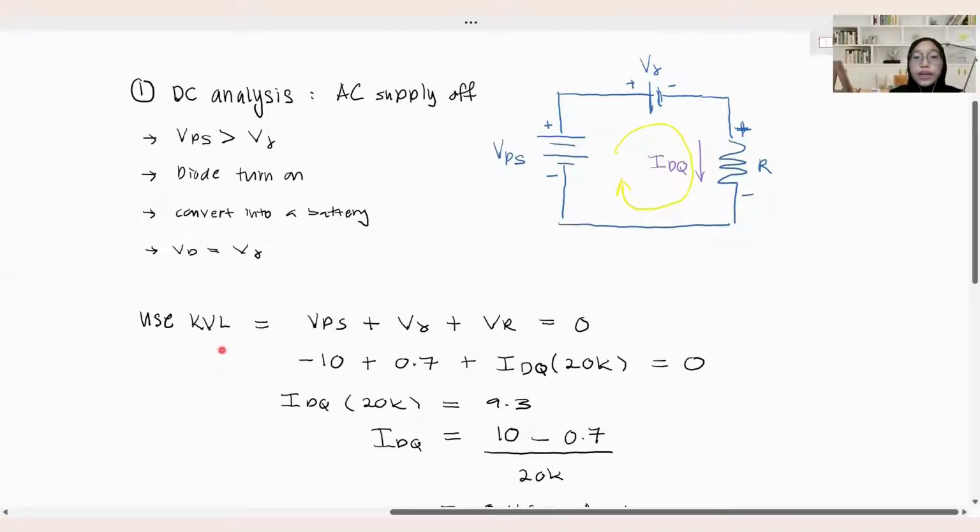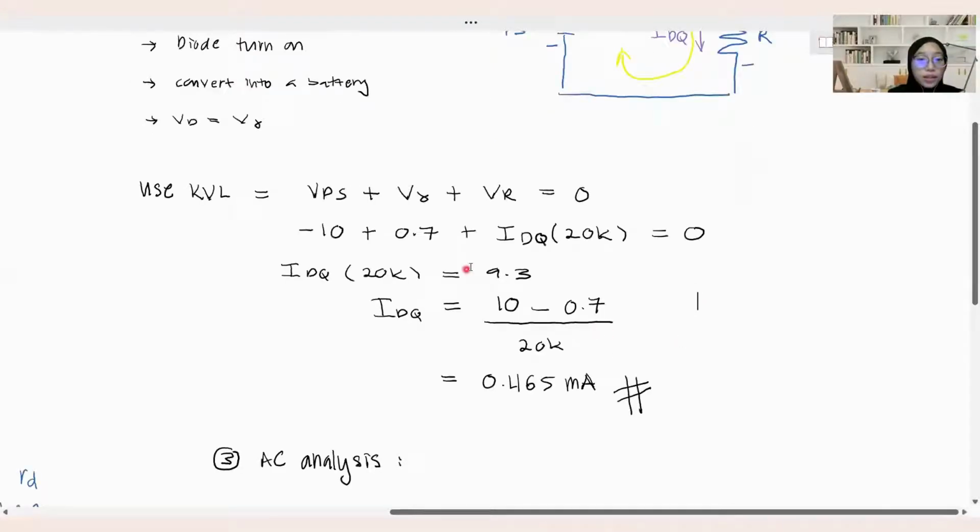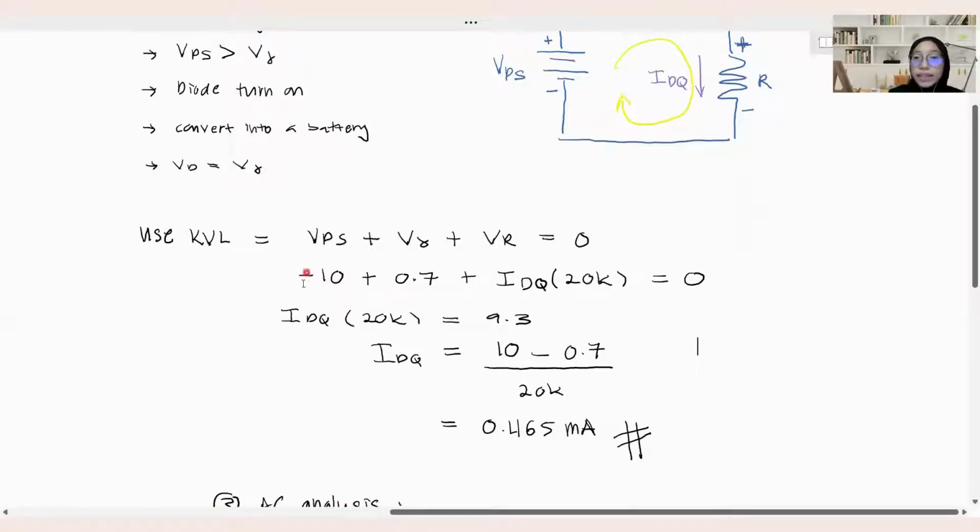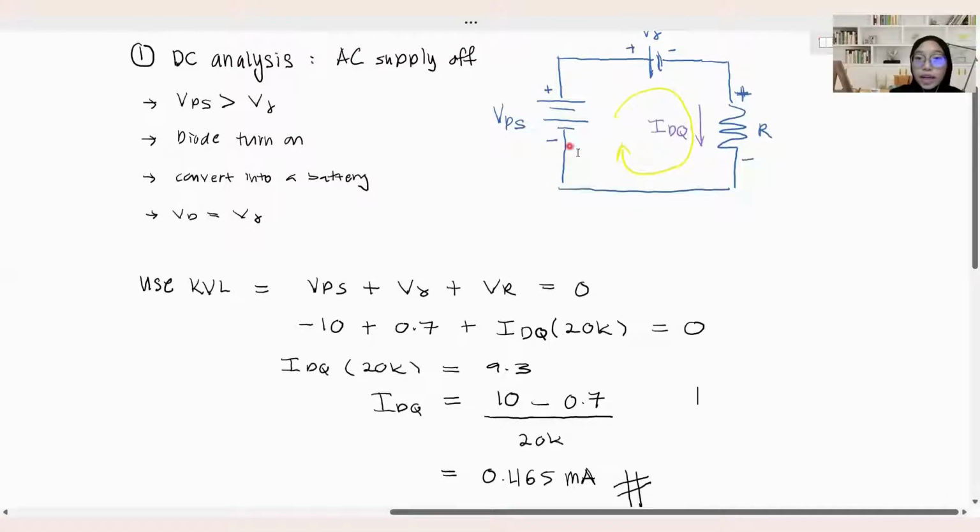In order to get IDQ, we need to use the KVL formula. We use this direction of current. Negative VPS plus V gamma plus VR equals 0. VPS here has a negative sign because we use this direction, so it starts with negative.